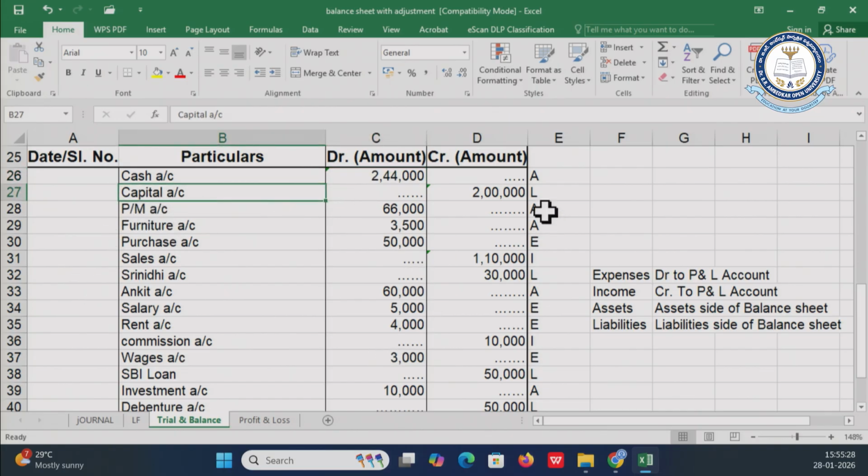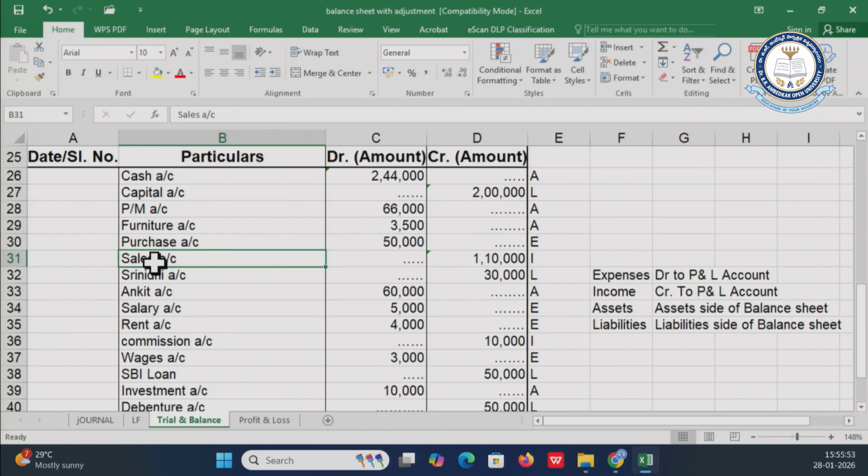Now capital is 2 lakhs remaining. This is an asset account debited. This is a liability account credited. Plant and machinery also is 66,000 debited. Furniture is an asset debited, it shows debit balance. Purchase is an expense. Expense accounts always show debit balance, 50,000.